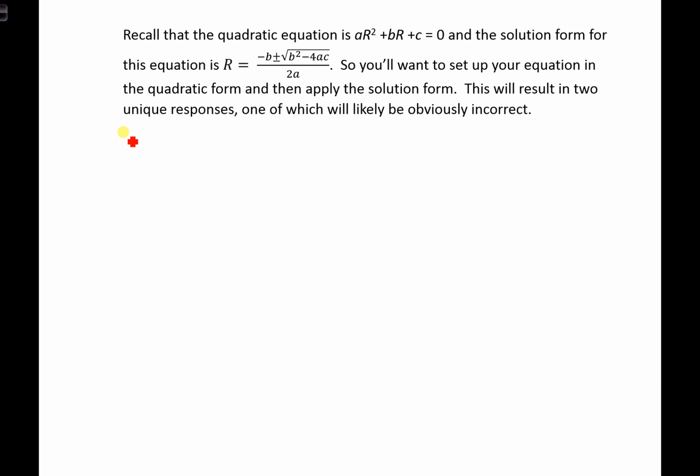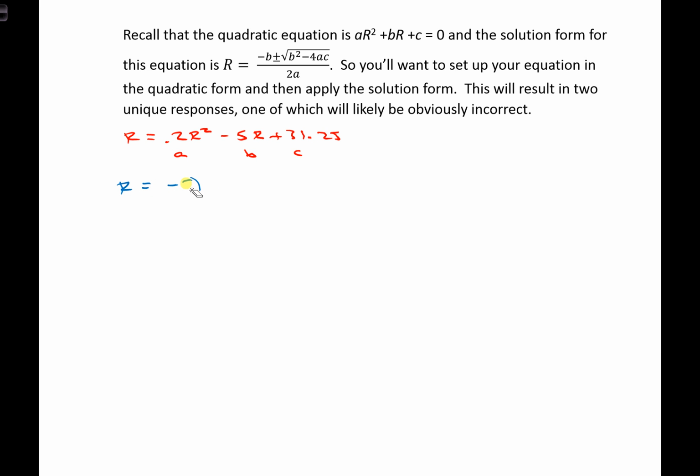So again, we had R being equal to 0.2 R squared minus 5R plus 31.25, and that was our A, B, and C. So let's go ahead and put that into that quadratic equation such that we've got R is equal to negative 5, and that's the negative of negative 5 because it's negative B, right?